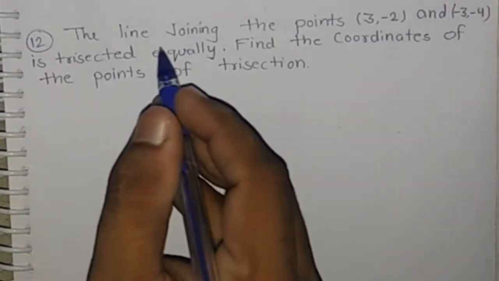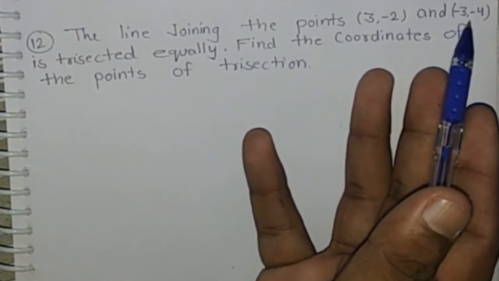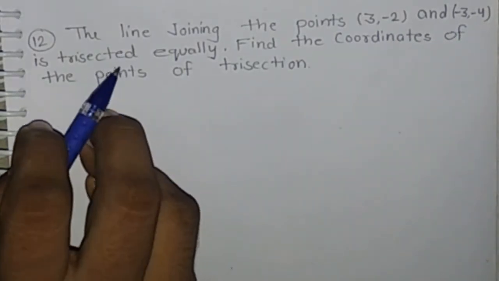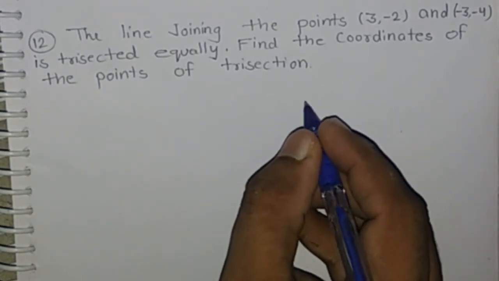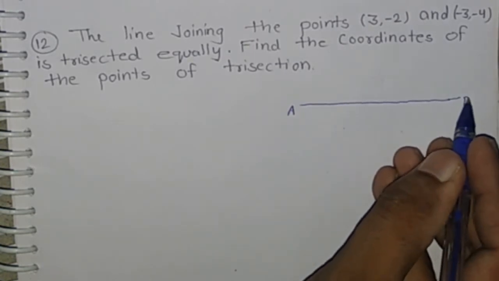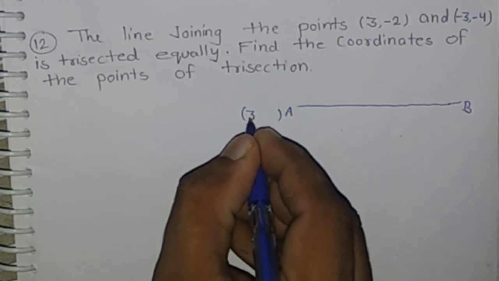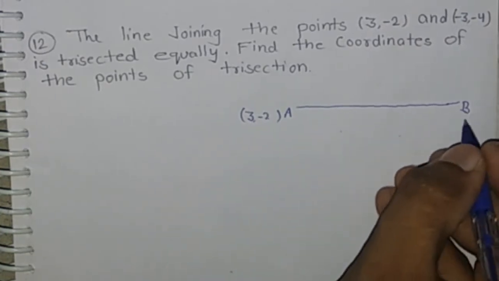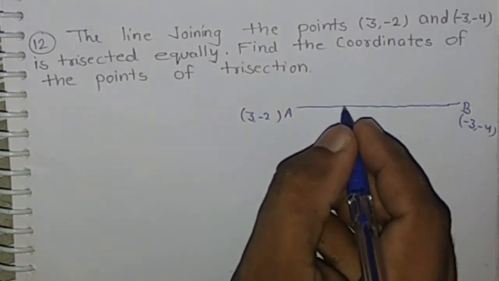Question number 12. The line joining the points (3, -2) and (-3, -4) is trisected equally. Trisected equally means the line joining (3, -2) is divided into 3 equal parts.